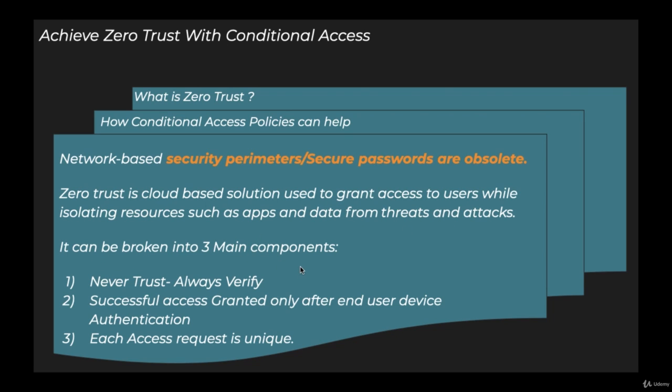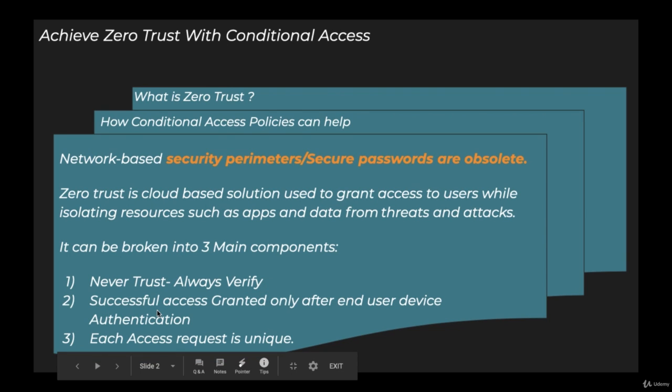It can be broken into three main components. The first is never trust, always verify. Whichever request is coming, from whichever device or user, always verify, and provide access only after successful user and device authentication.